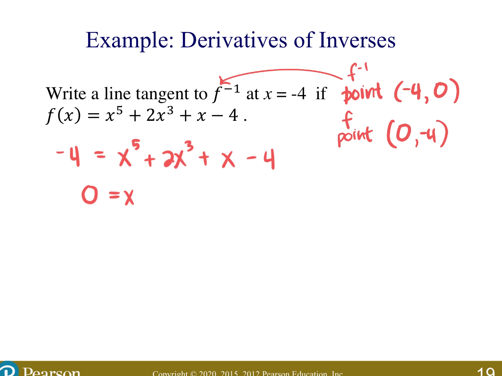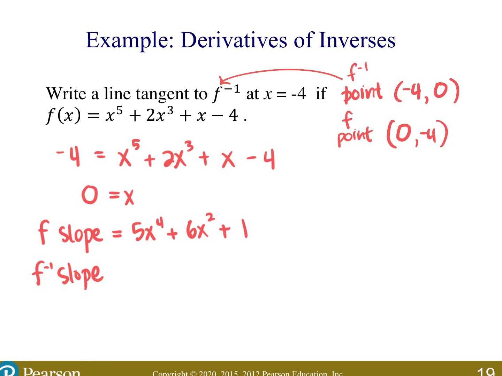You've got your f slope, and then eventually we'll find our f inverse slope. So we want to find our f slope first. Always find the derivative of the original function first. So that's 5x to the 4th plus 6x squared plus 1.